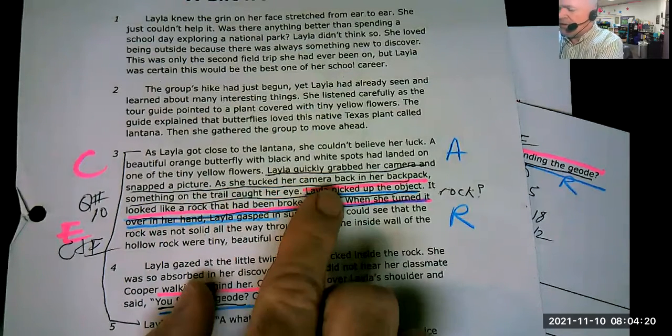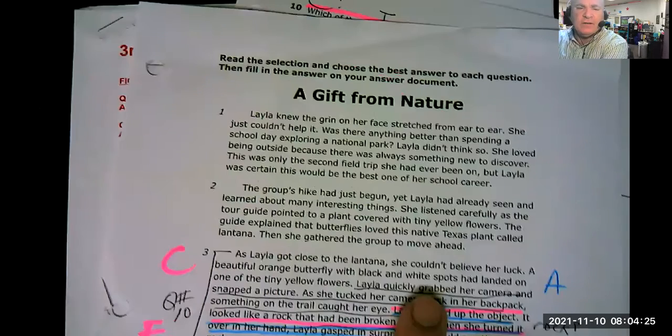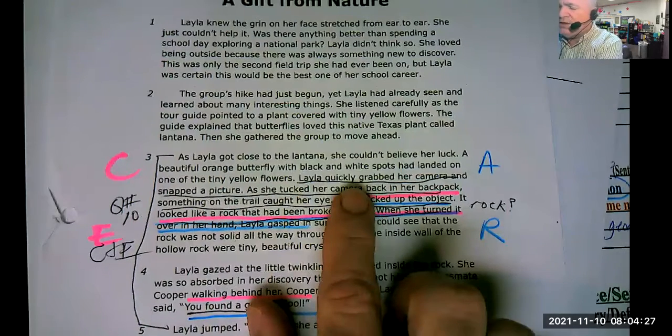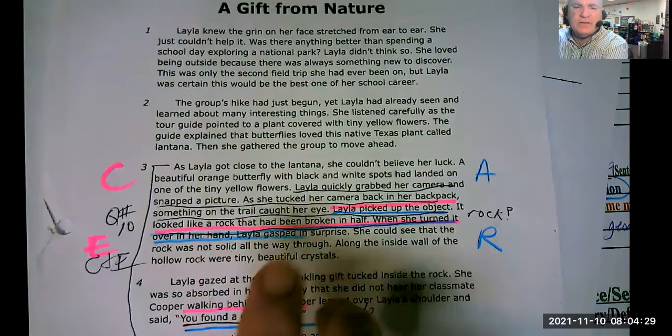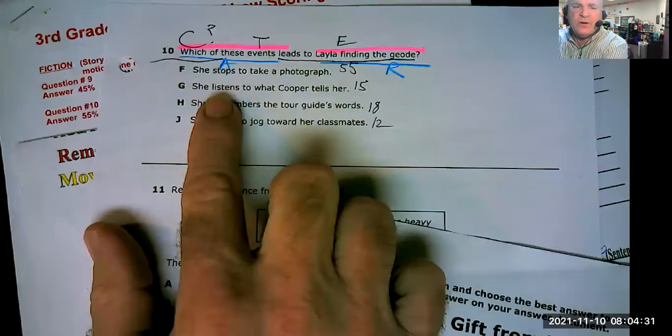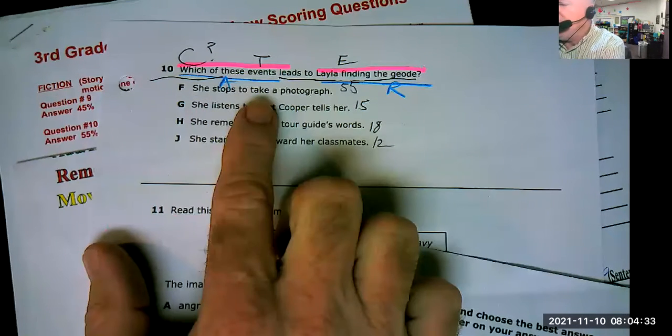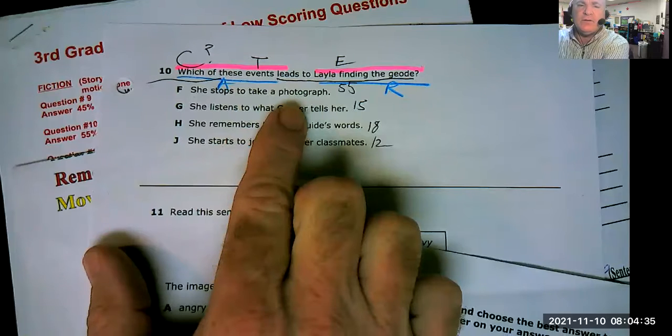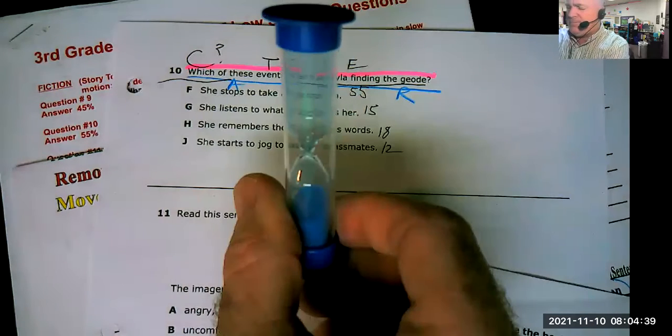So as we look at it, you can see here, she grabbed her camera and snapped a picture. So which answer? She snapped a picture with a photograph. That's there. And my timer just ran out and I was able to find it just in time.